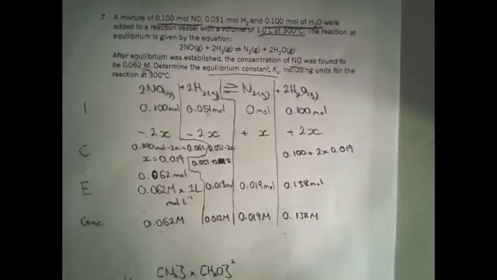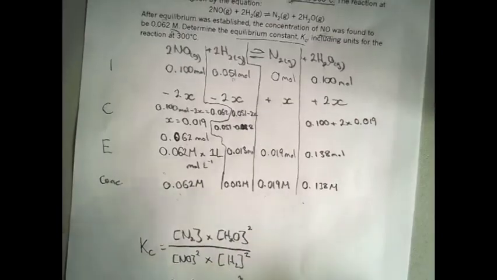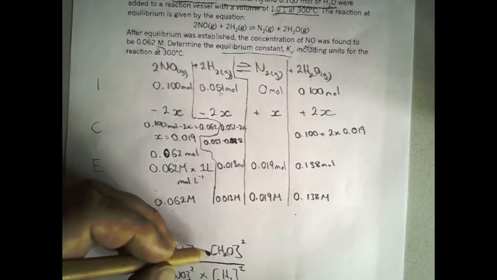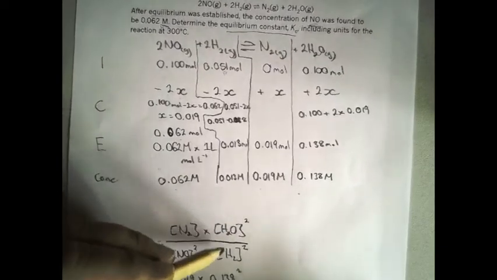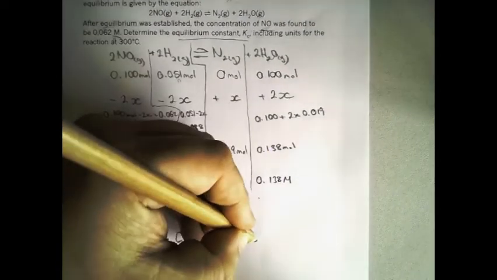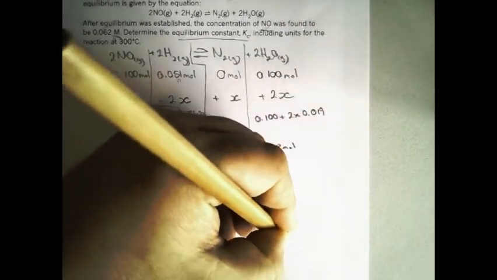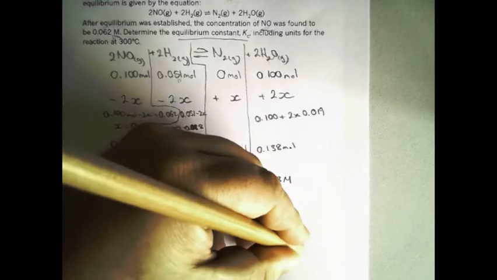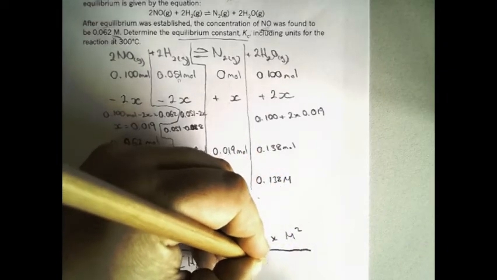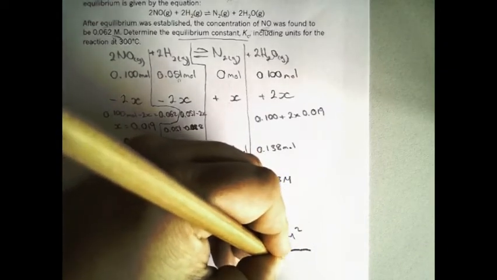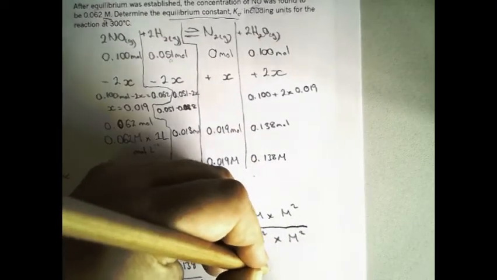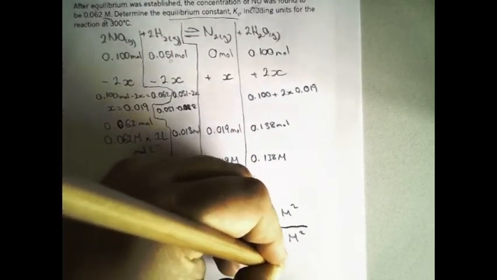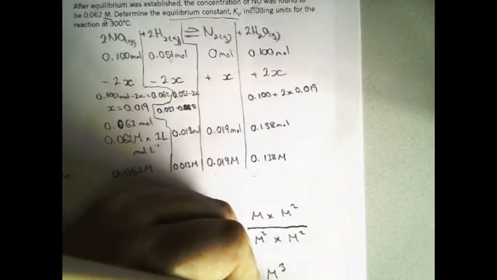So the way you figure out units is you substitute the units into this equation. So it's molar times molar squared over molar squared times molar squared. If we simplify that, we get molar cubed over molar to the 4.